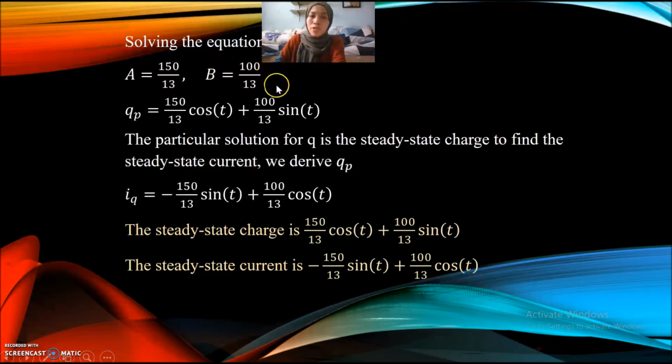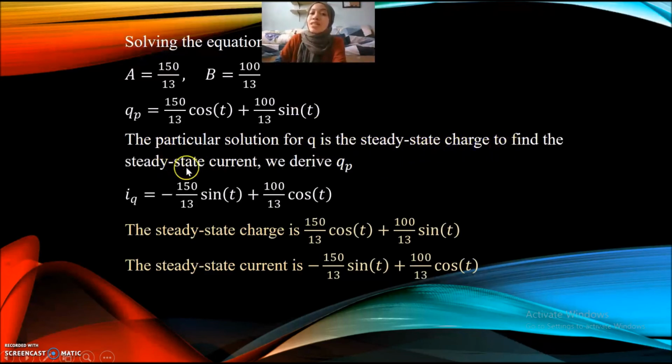We substitute into the equation of Qp and we have 150 over 13 cos t plus 100 over 13 sin t. The particular solution for Q is the steady state charge.